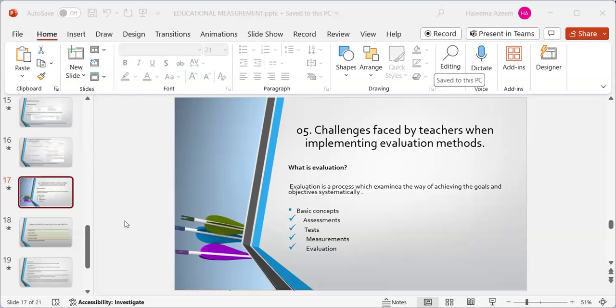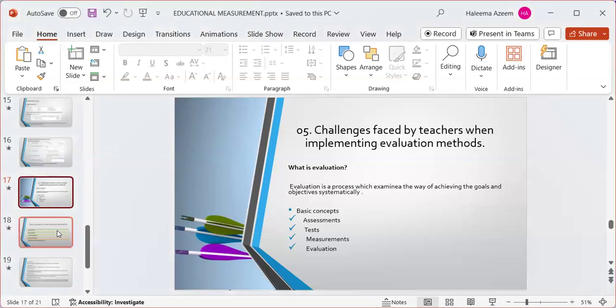My topic is challenges faced by teachers when implementing evaluation methods. All of you know what evaluation is. Evaluation is a process which examines the way of achieving the goals and objectives systematically. There are four basic concepts: assessments, tests, measurements, and evaluation.